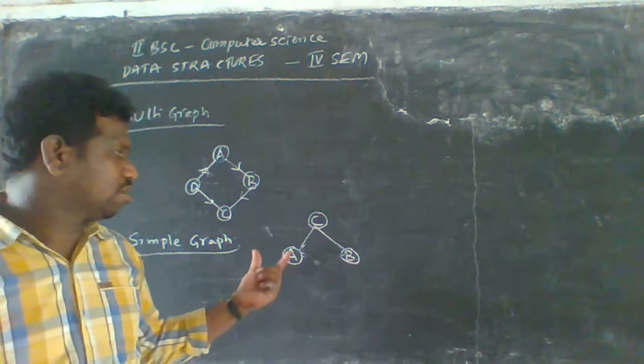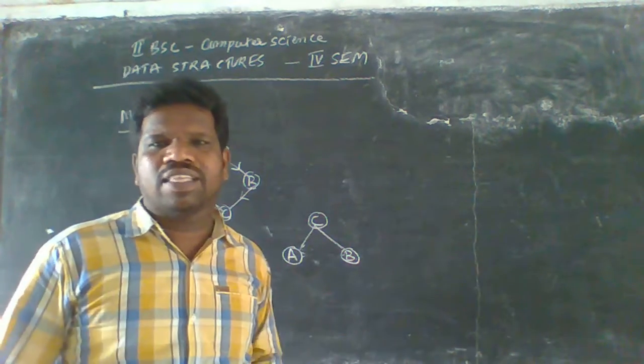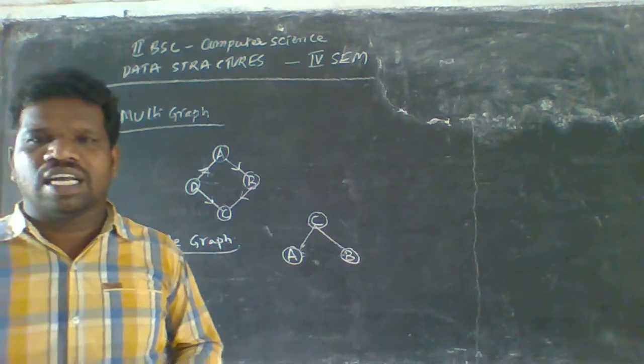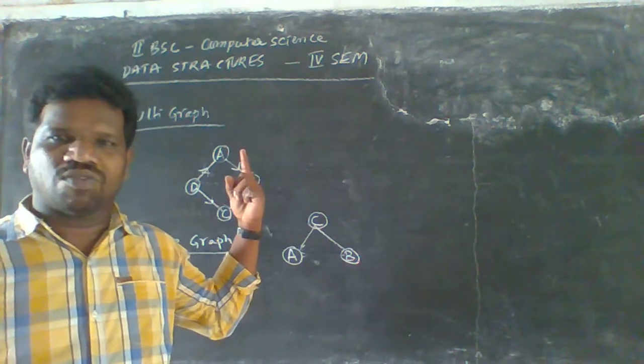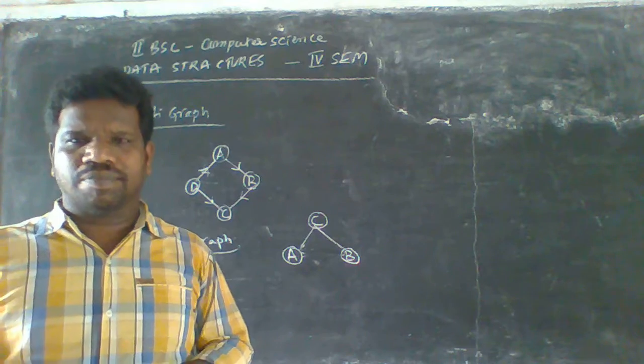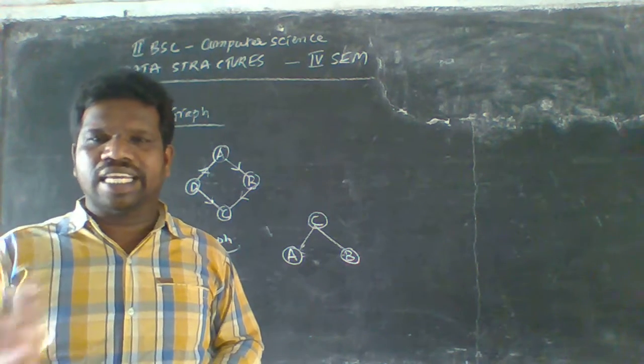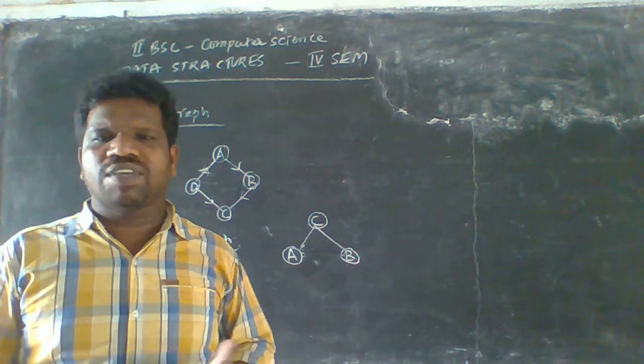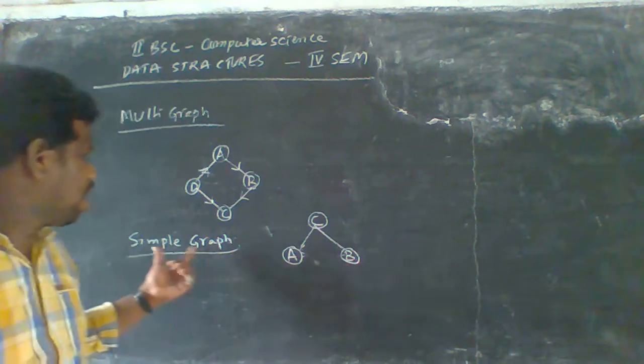If your graph has some parallel edges, we call it a multi-graph. If the graph does not contain any parallel edges, we call it a simple graph.